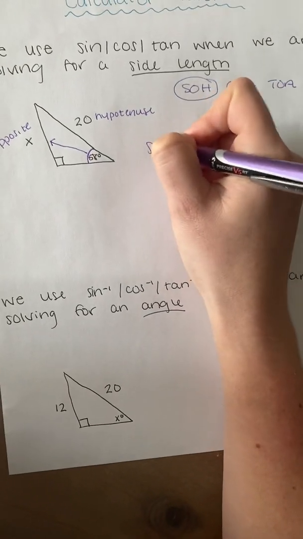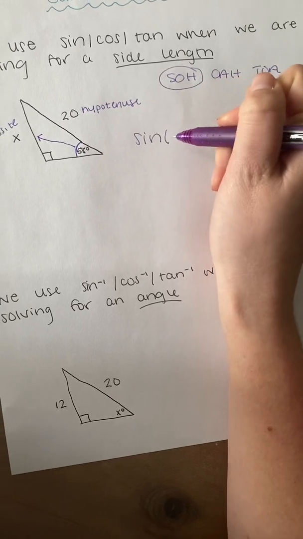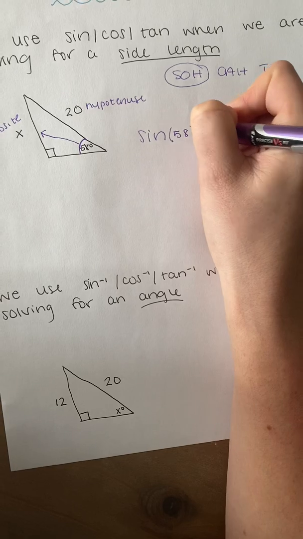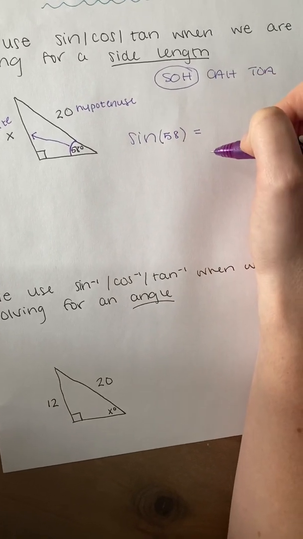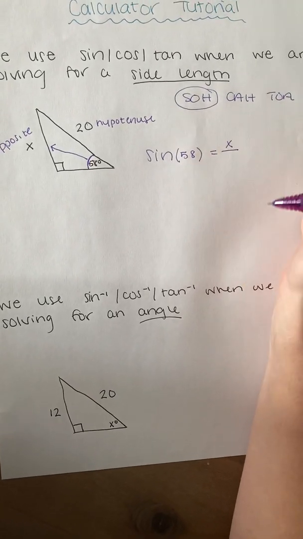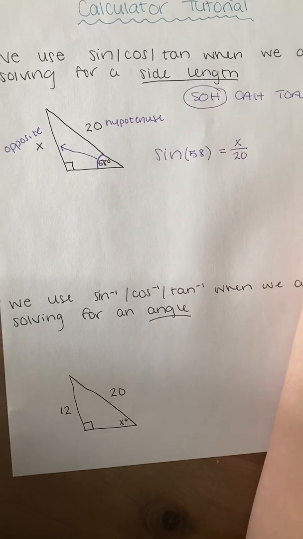So sine, we put the angle in the parentheses with sine. So sine of 58 degrees is going to be equal to opposite over hypotenuse. So my opposite is x, and my hypotenuse is 20.